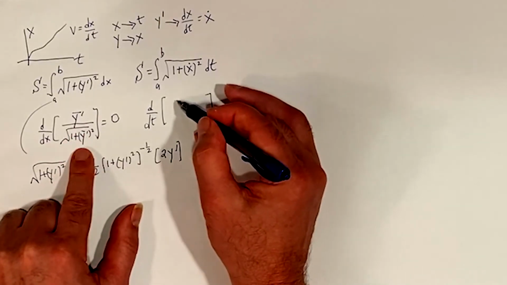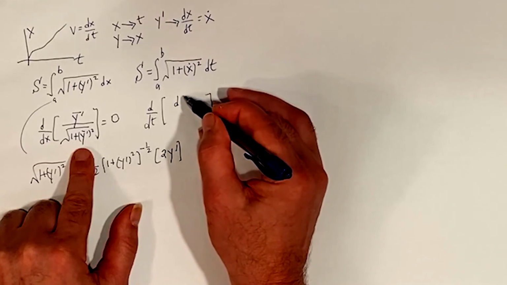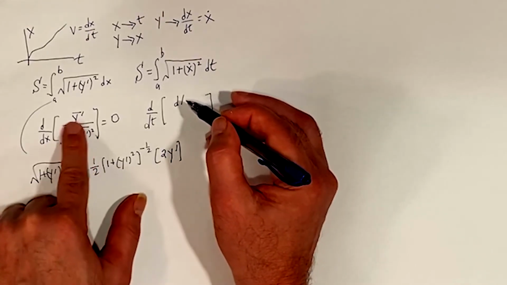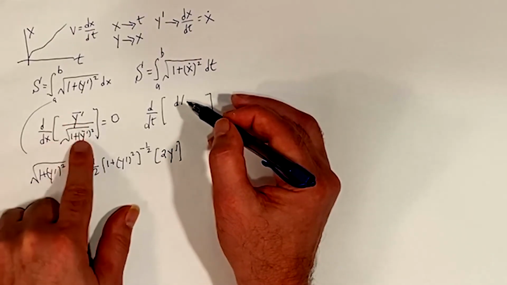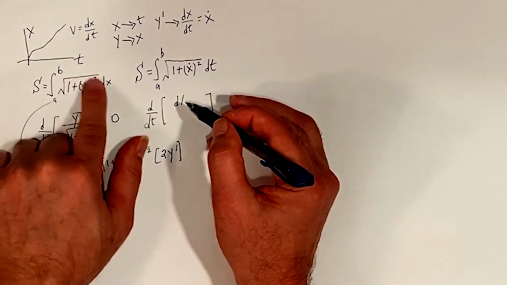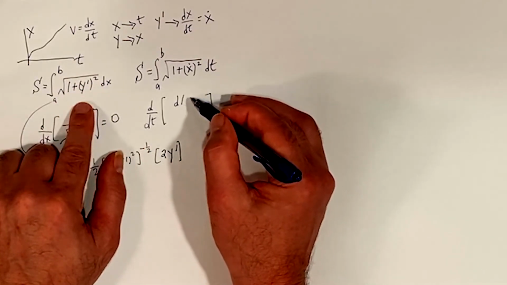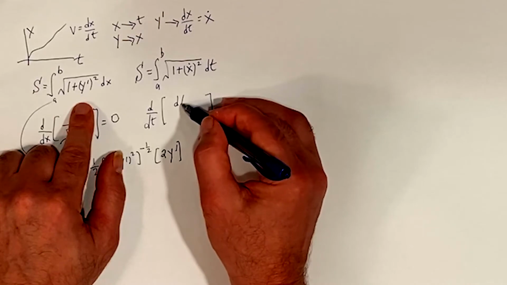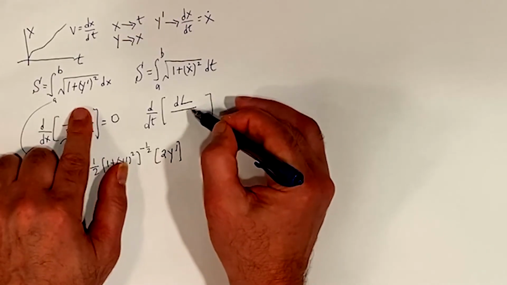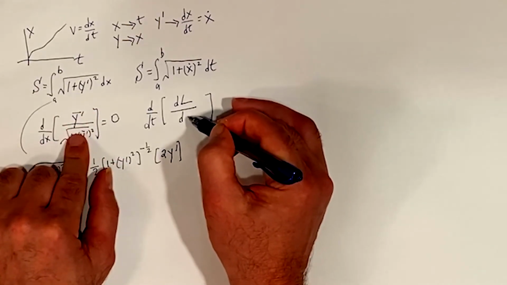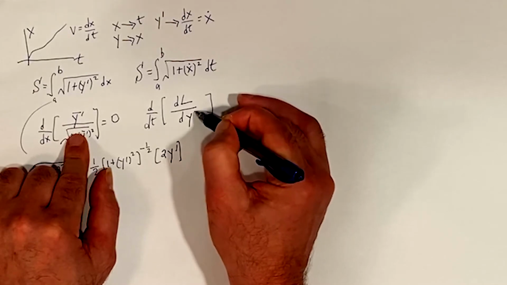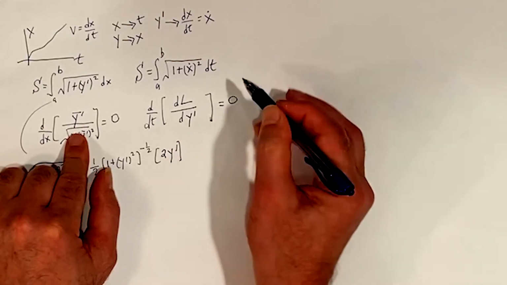So this is the derivative of, and let's call this integrand here L. So then dL/dy prime, d/dx of this is equal to 0.